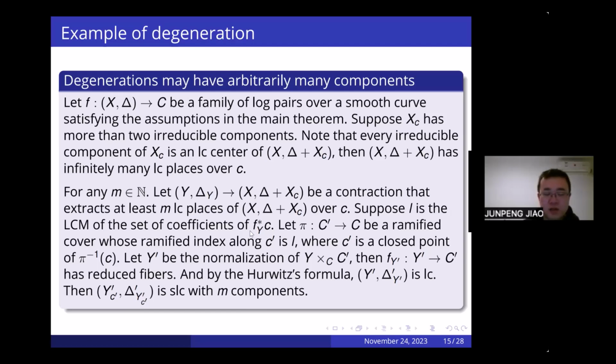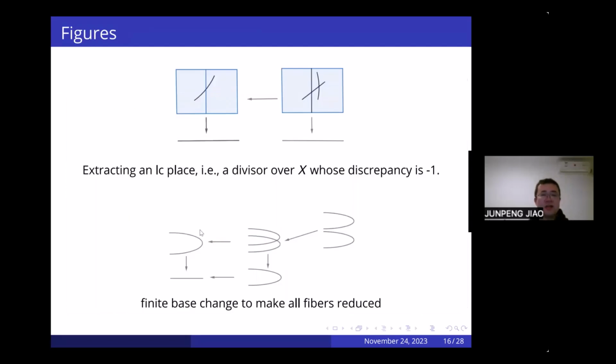Let me use a figure to explain this. Suppose the blue square is X. And for the central fiber, we have two components. Then the intersection of these two components is again an LC center. We can blow it up and we have a new divisor, and this divisor has coefficient 1.